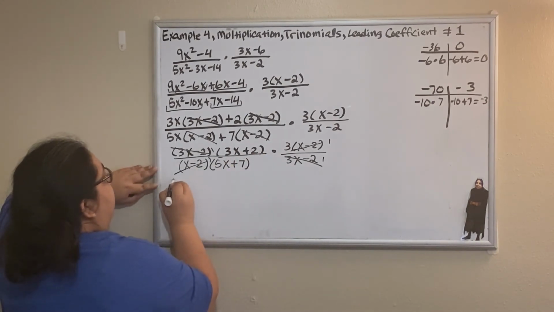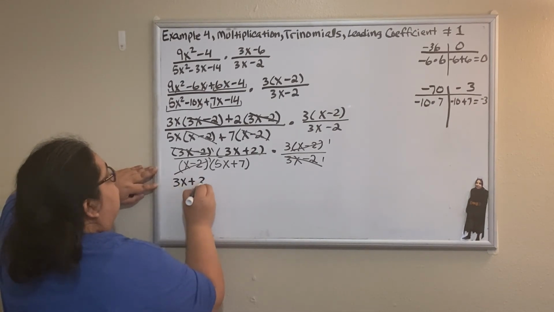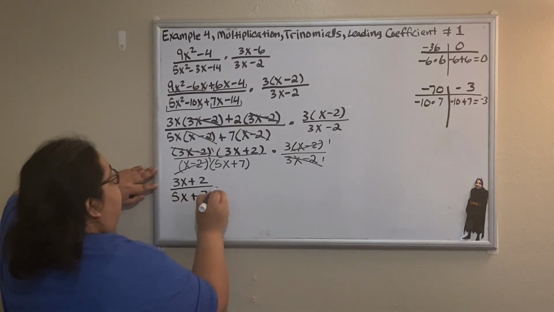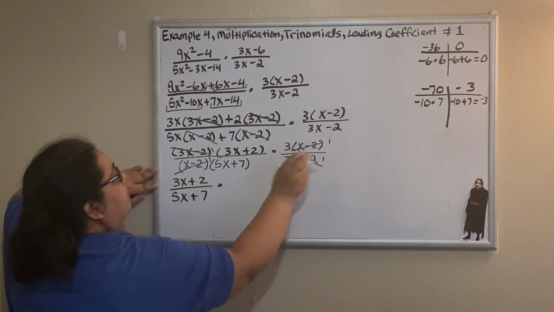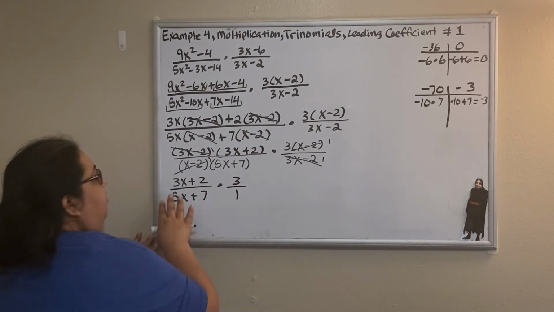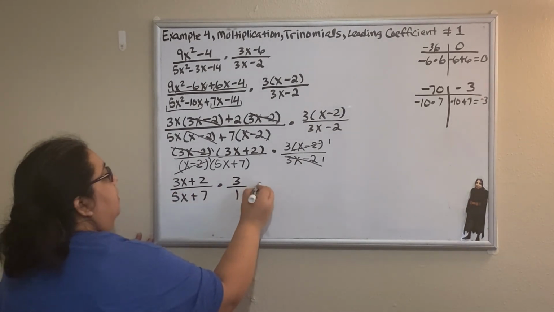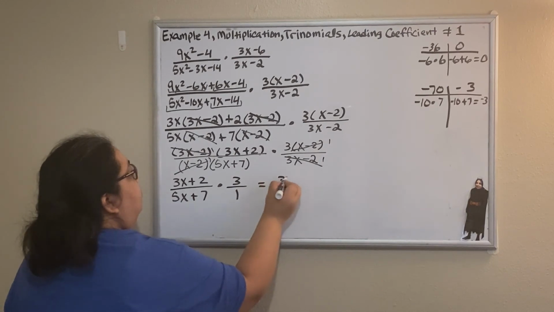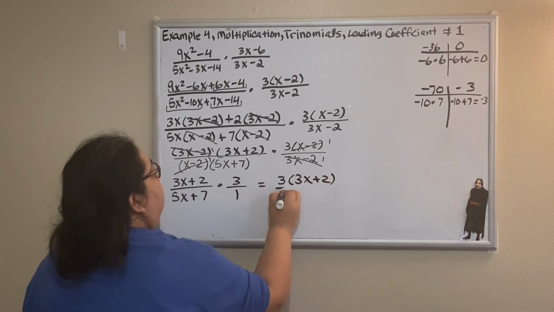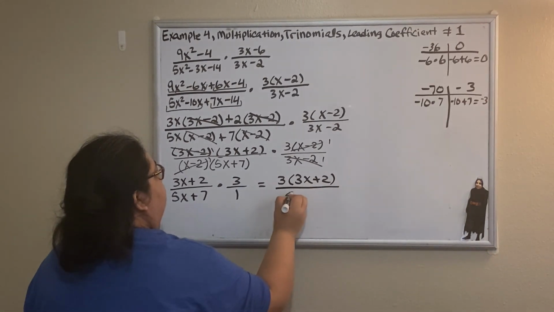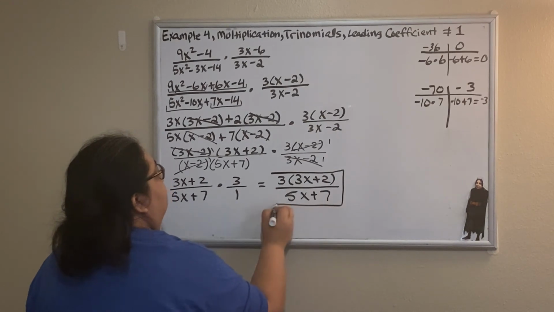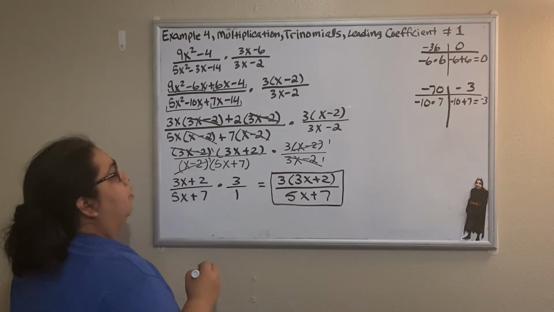So we have 3x plus 2 over 5x plus 7 times, 3 times 1 is 3, over just 1. So now we can multiply across, and we're going to leave this factor. We're going to say 3 parentheses 3x plus 2 over 5x plus 7. And that is our product.